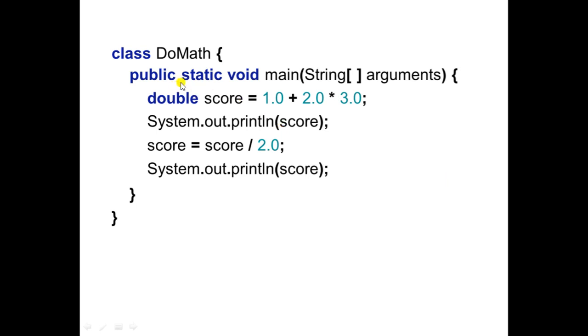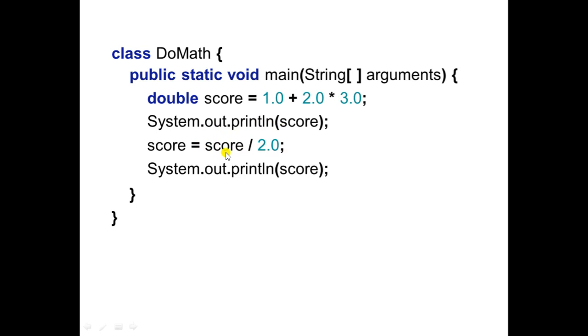System.out.println, we print the value of score. So what value will get printed on the screen? Yes, of course, 7.0. And again we use the score value, and the score value gets overridden. By which value? You need to compute this expression, score divided by 2.0.